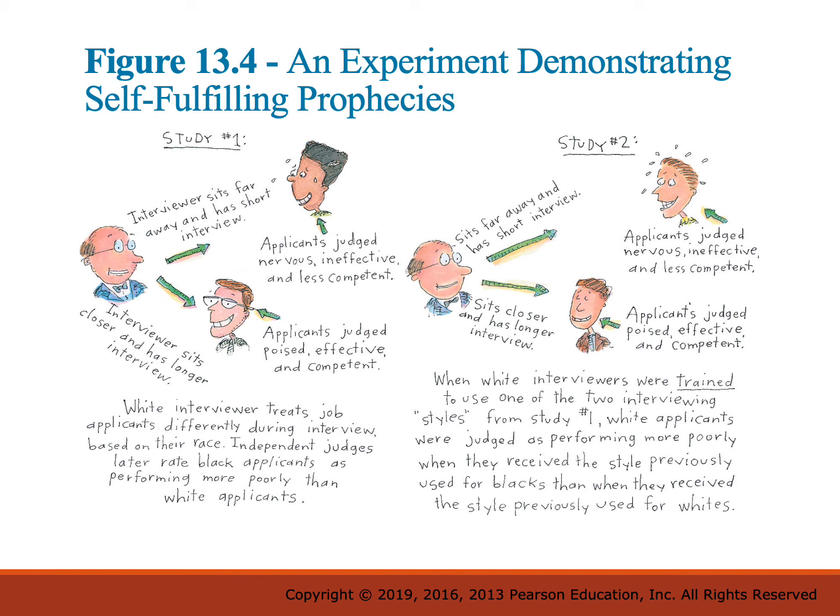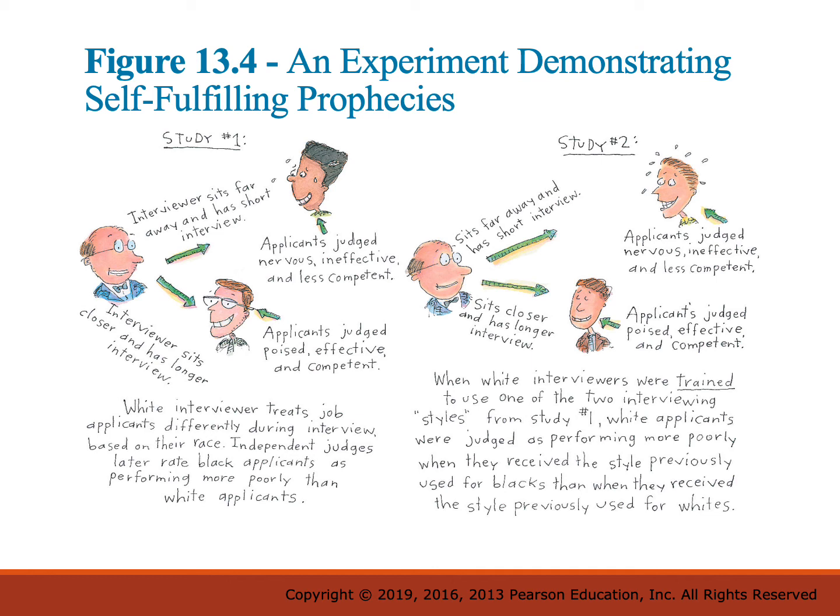So that was in study 1. In study 2, the Confederate displayed the same behavior that the previous interviewer had shown with the African American candidate.